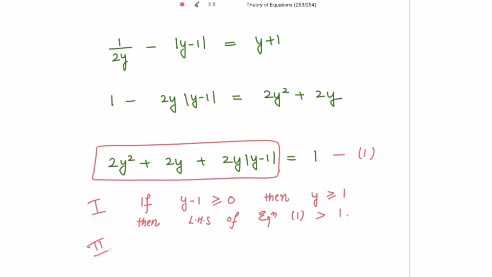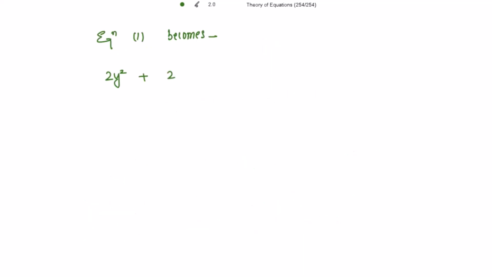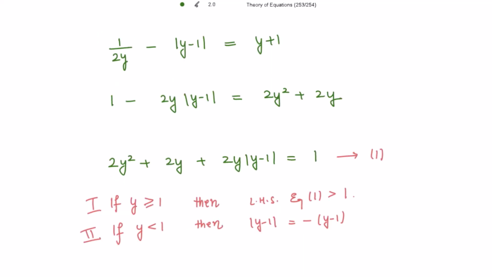And second case, if y − 1 is strictly less than 0, then |y − 1| is equal to −(y − 1). So now equation 1 becomes 2y² + 2y + 2y·(−(y − 1)) = 1.